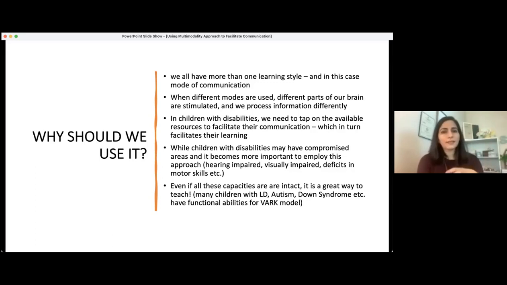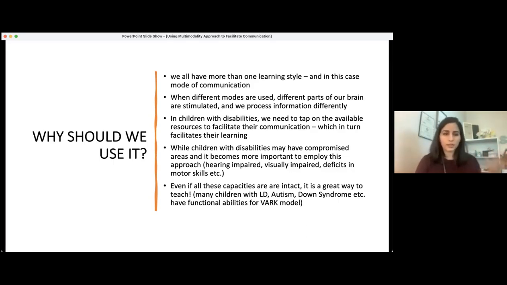So all these things are stimulating different parts of the brain, and the goal is for them to come together and make sense to the learner. So in children with disabilities, that is exactly what we need to do. We need to be able to tap into all the resources that are available.